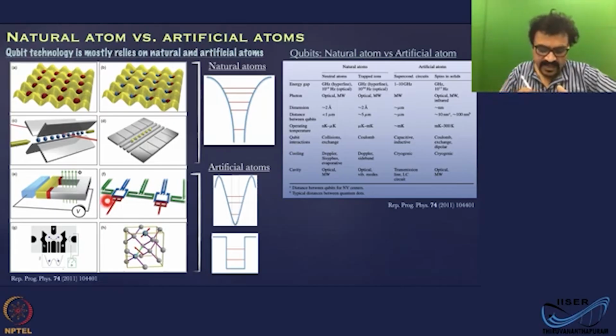And the last two: this one represents a superconducting qubit, and these two represent semiconducting qubits, or spin qubits.